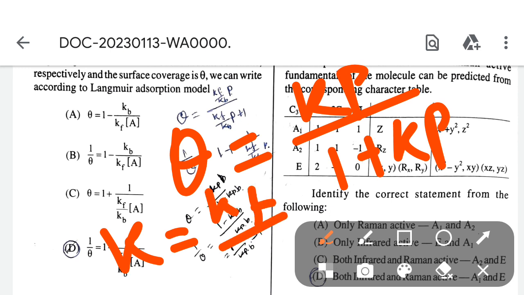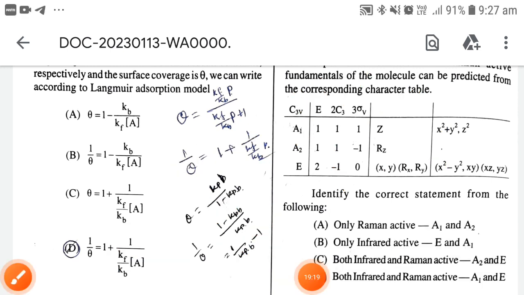If we rearrange this, then we will get option D.